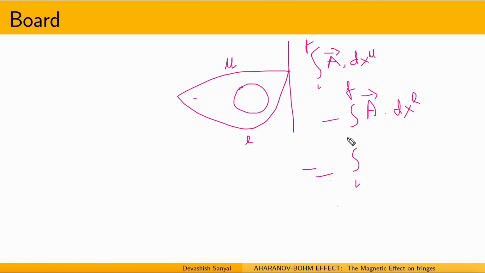I to F, and then we have A dot dx upper, and then plus, because of the minus sign we will not have I to F, now we will have F to I, and A dot dx lower.